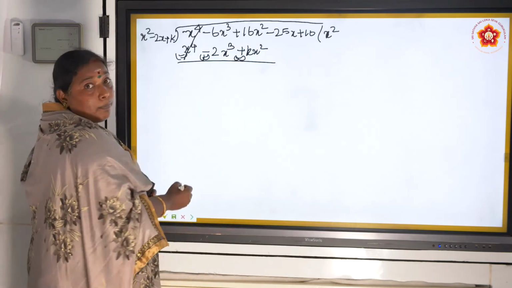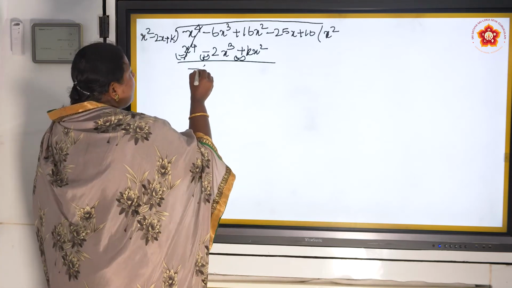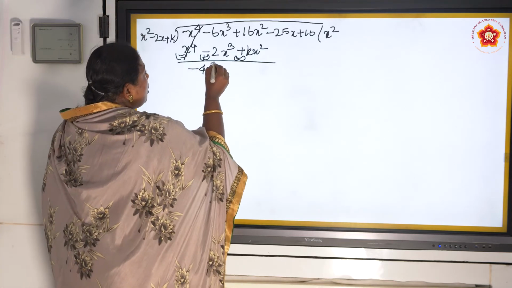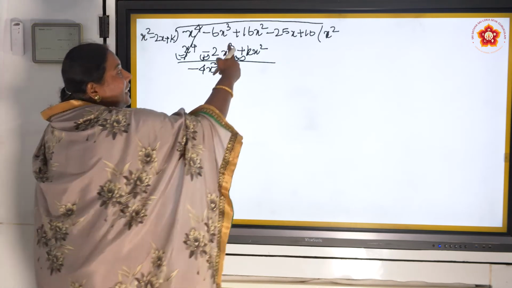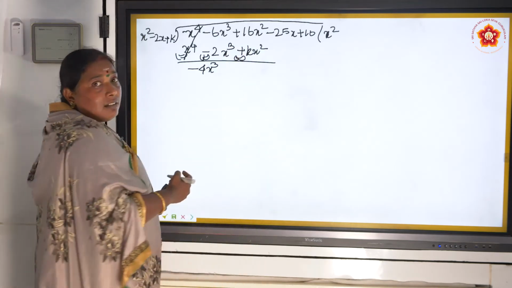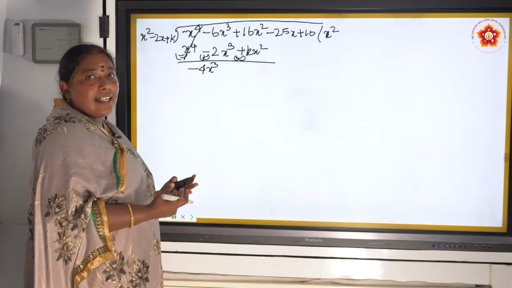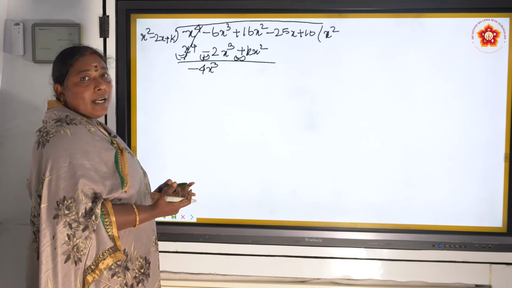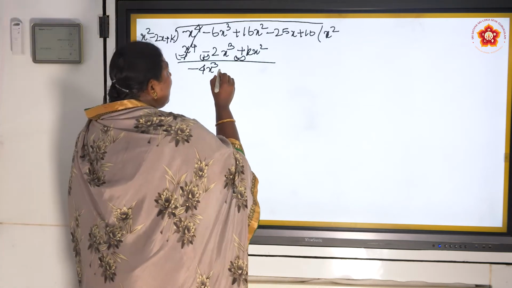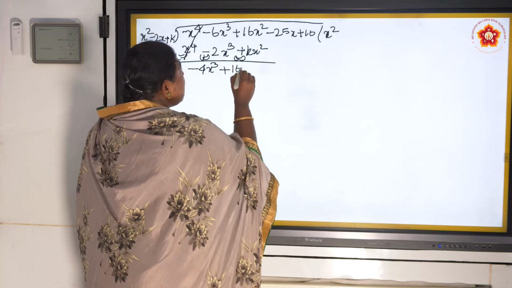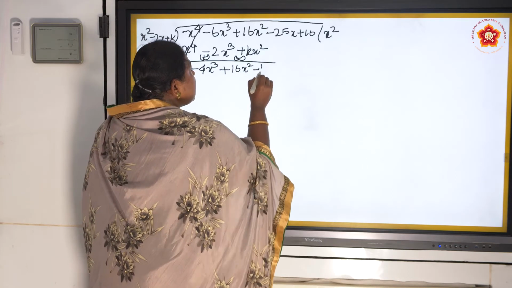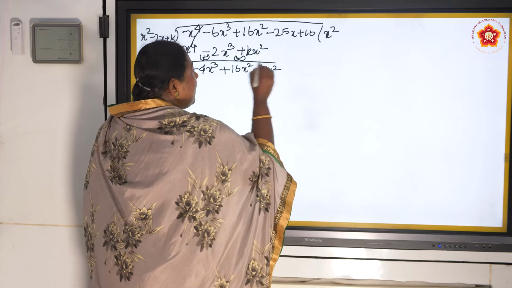Minus 6 plus 2, you will get minus 4x cube, right? But here 16 minus k, 16 is a constant, k is a variable. How can I subtract? So keep it as it is, you don't have to do anything. Plus 16x square minus kx square.